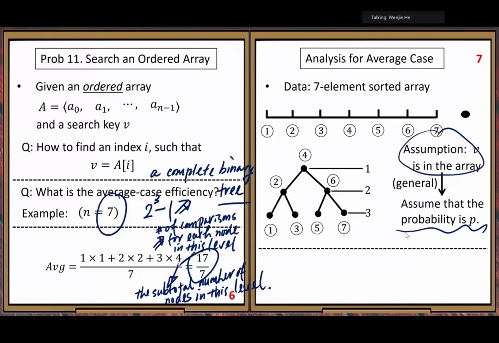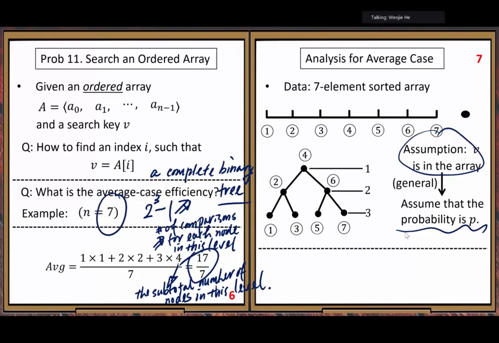Although the number of comparisons should be an integer, when we take the average of a set of integer numbers, we don't have to get an integer, right?